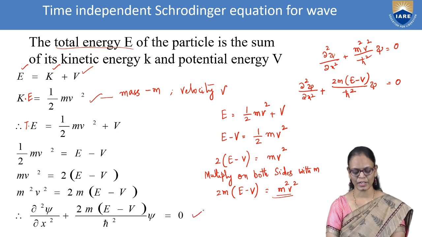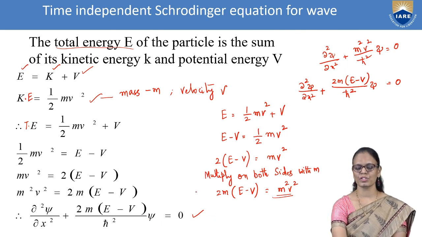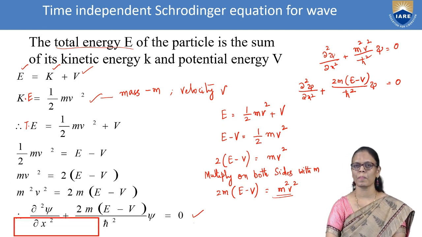So that is what we are getting here. This is the expression we get for the Schrodinger equation. This is the famous time-independent Schrodinger wave equation.